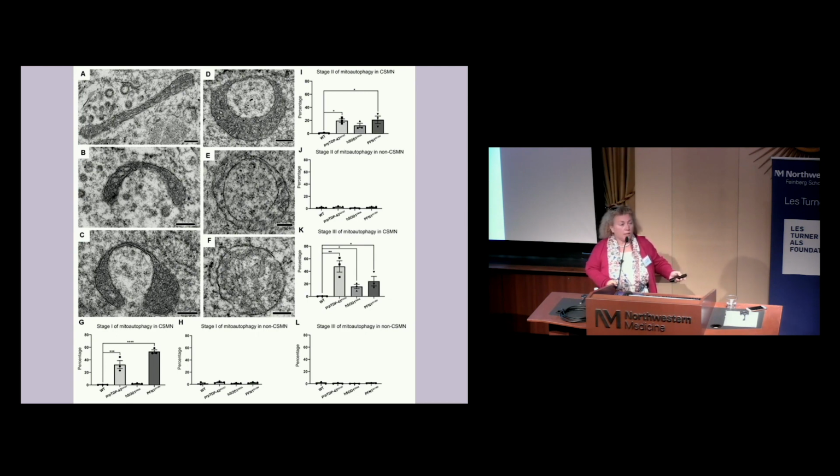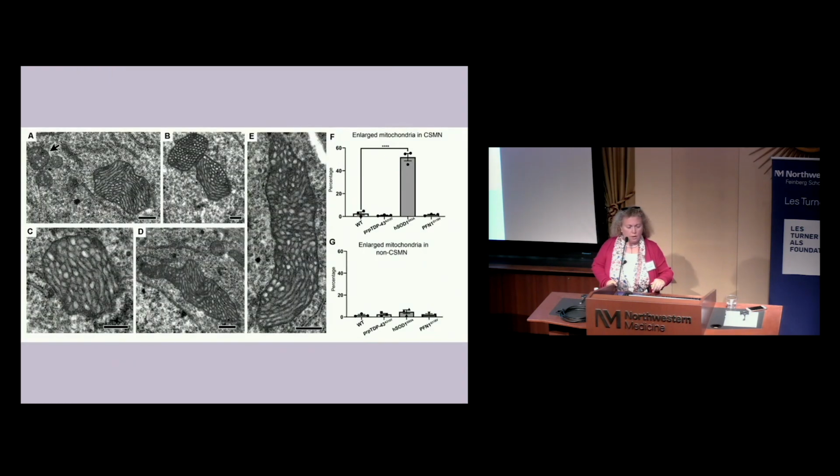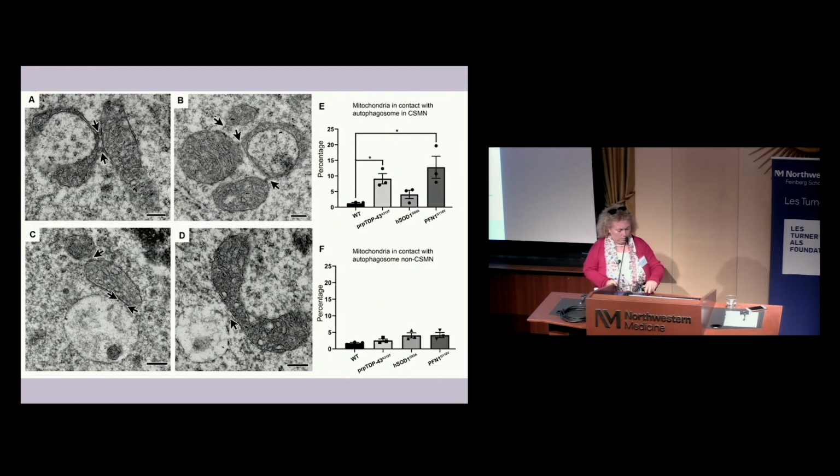And most interestingly, we have seen them in different stages, mainly in the TDP mice and also in the profilin mice, but not in the SOD1 mice. There was a very striking difference. And we said, okay, what happens in the SOD1 mice if we don't see this? And look, this is what happens in the SOD1 mice.